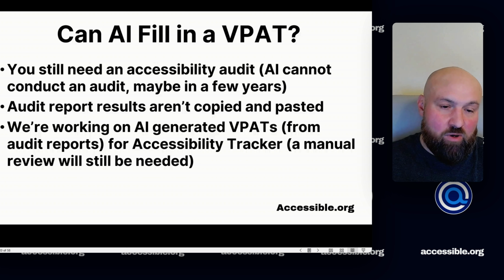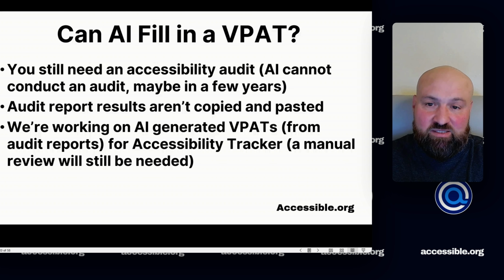And then you will have really a semblance of hybrid automation, because you'll have this partially automated, but you'll still need to have that human review and some edits before you'll have the finished product. But it will help accelerate the timeline and make creating an ACR faster. So to answer this question, not as of now. It is something that we are actively working on at accessible.org.